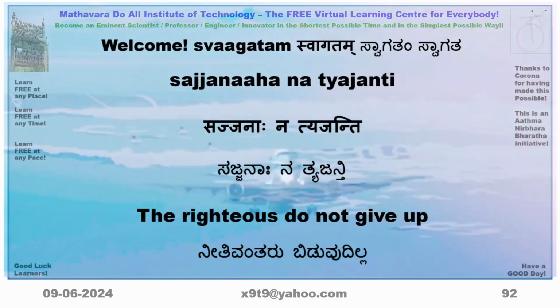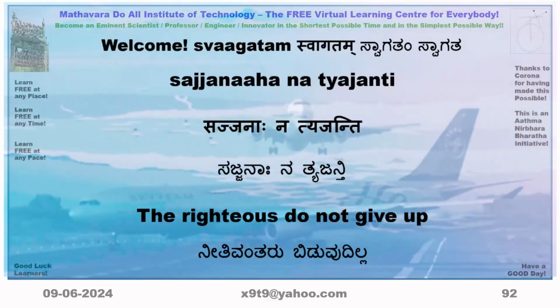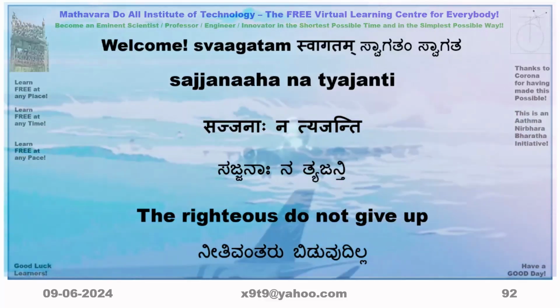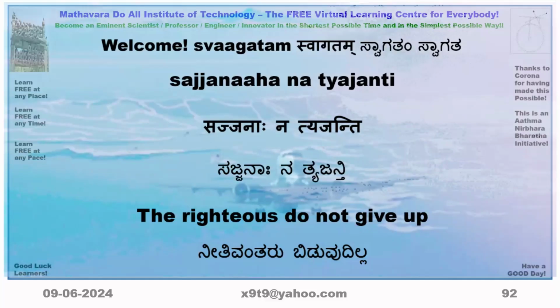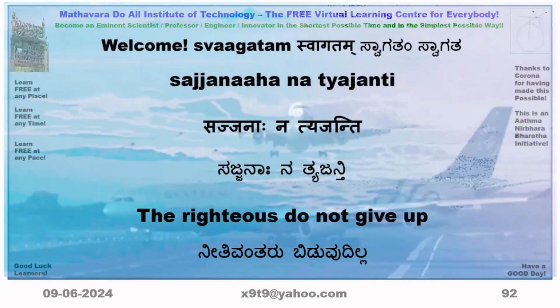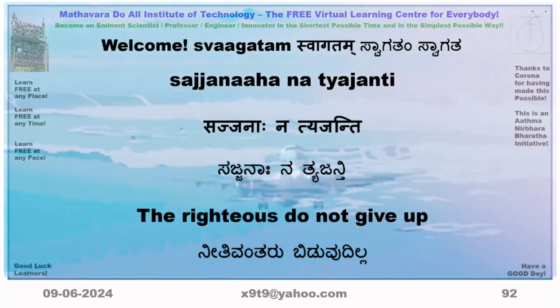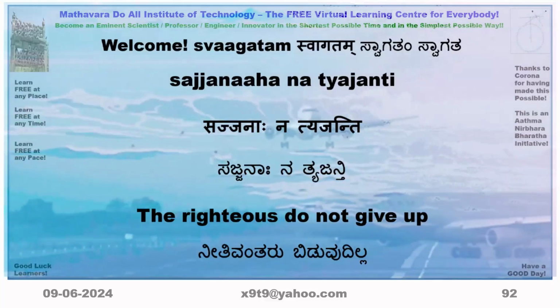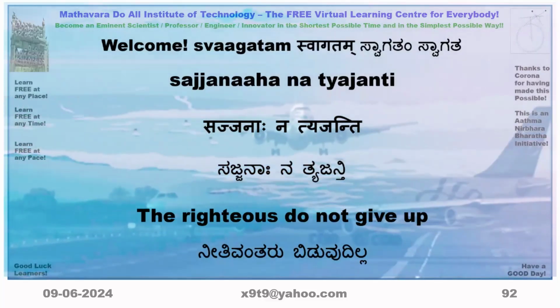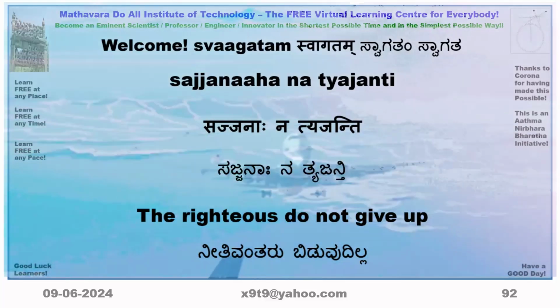Then please write this: 20 horses have 44 legs. This is a dictation. Simply write it. That's all. 20 horses have 44 legs.